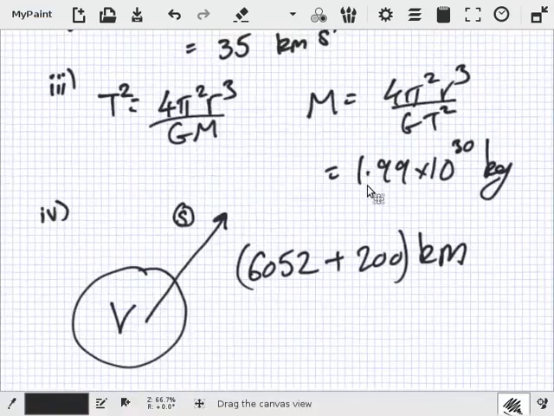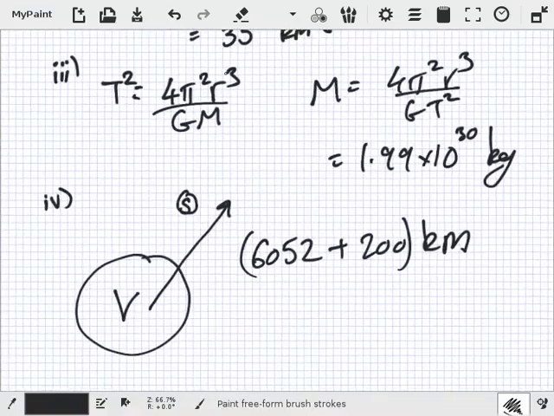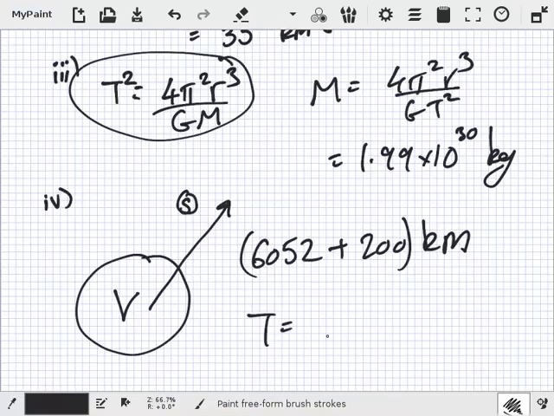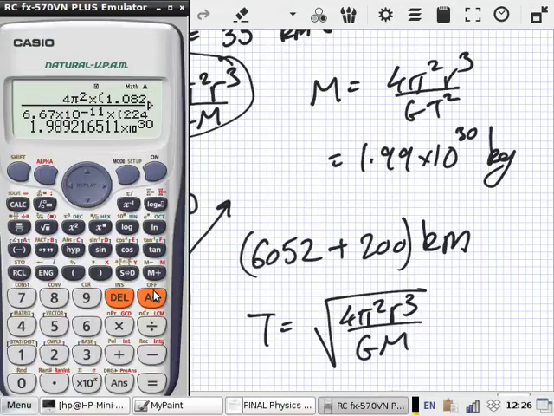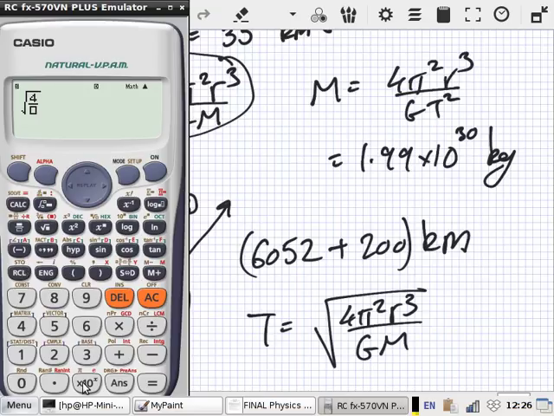And what do we want? The T. Can I use this? Yes. That's it. So the T is the square root of 4 pi squared R cubed over GM. Did you just lose your 10%, KJ?